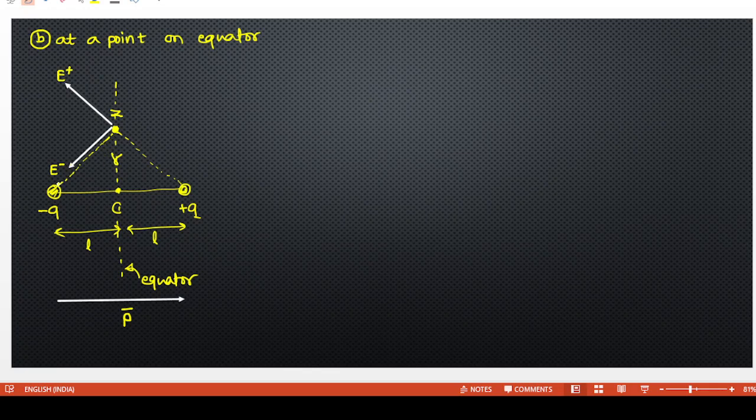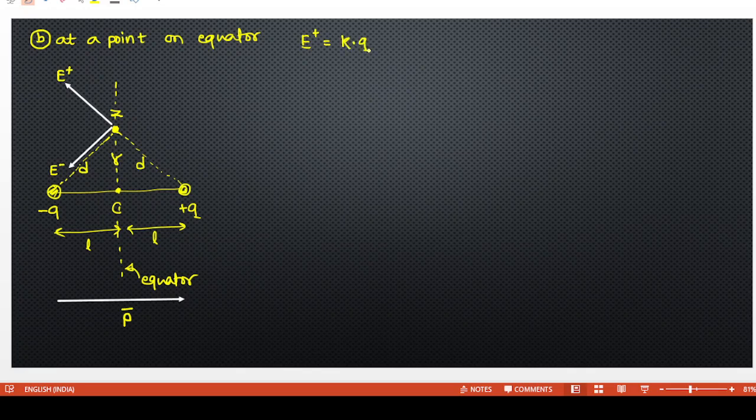Let us take this oblique distance as small d, and this oblique distance is also small d. Now how much electric field will be created by the positive charge at this point? It is kq by r square.